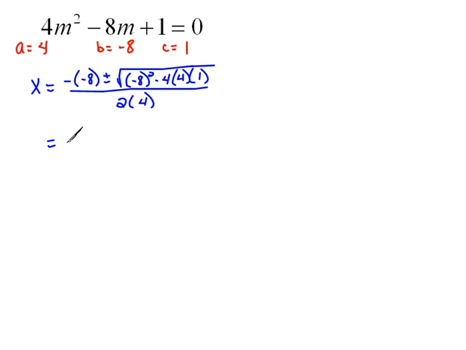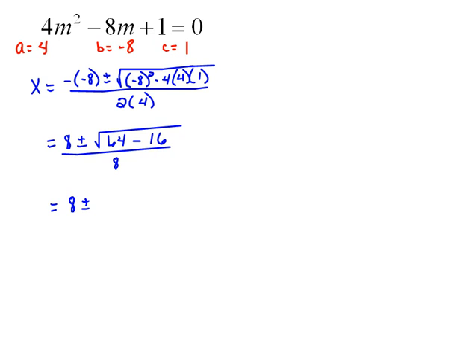So the opposite of -8 would be 8 plus or minus the square root of -8 squared would be 64 minus 4 times 4 times 1 would be minus 16 all over 2 times 4 would be 8. And we keep simplifying.